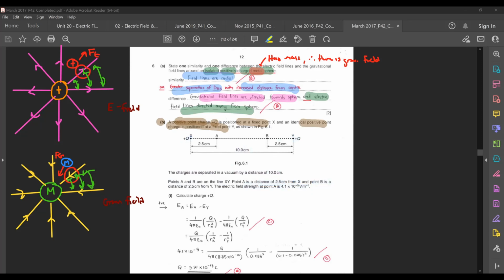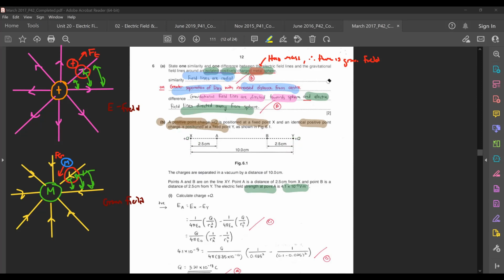So this one will relate to what we've just mentioned just now. They specifically told you that the electric field strength at point A is this one. Sorry, this is the resulting electric field strength due to charge X and charge Y. Okay.